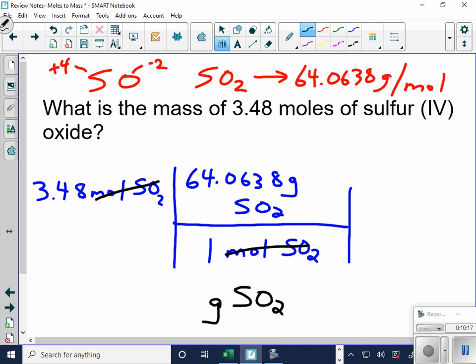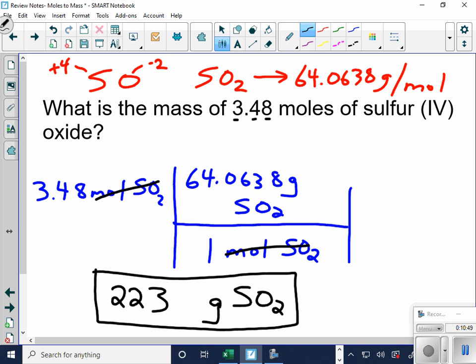So when I do my math, I'm going to take 3.48. I'm going to multiply it by 64.0638. And when I do so, my answer with 1, 2, 3 sig figs is going to be 223 grams of sulfur 4 oxide.